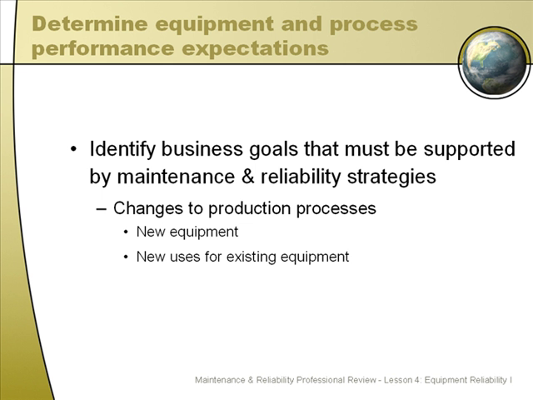Continuing along in the same topic, identifying business goals that need to be supported by the maintenance and reliability strategies, another aspect is changes to the production processes. If we know that new equipment is going to be installed in the plant or on a process, we should be taking that into account as we build the maintenance and reliability strategies for the affected area. We also need to know if there are going to be new uses for the existing equipment.